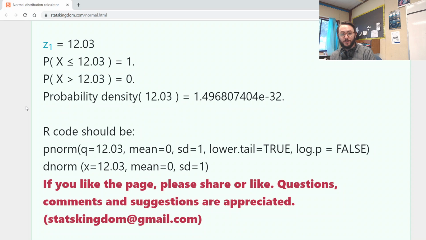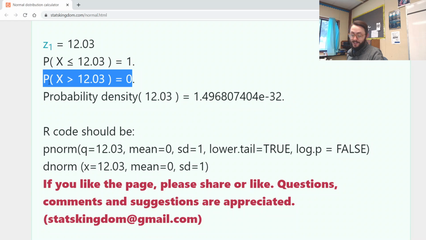So for a z-score of 12.03, the probability of getting a z-score of 12.03 or more, okay, the second line, it says it's 0. It's not actually 0. It's just so small that the computer treats it as 0.